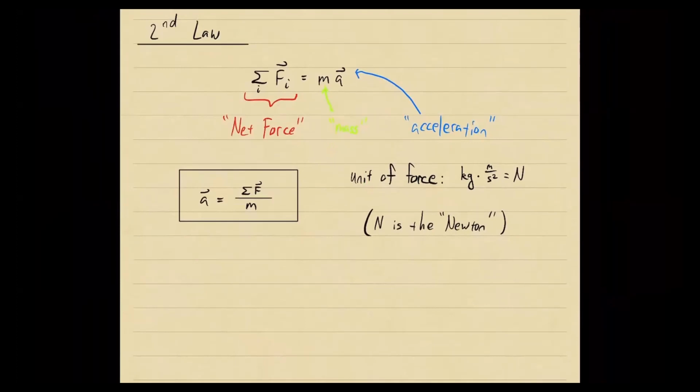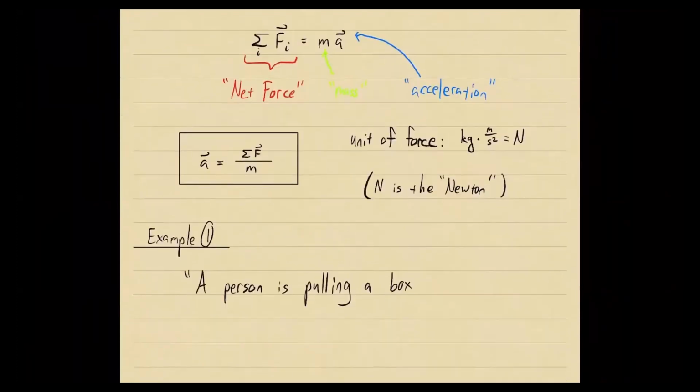So for our first example, example 1. A person is pulling a box of mass 20 kilograms with a rope.